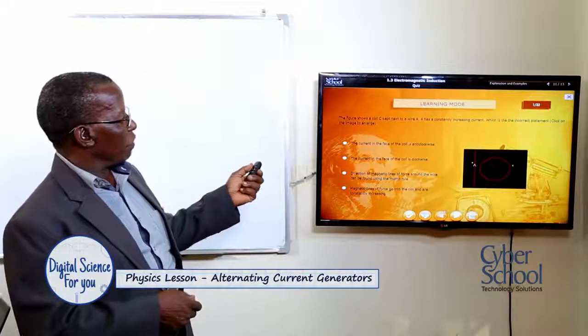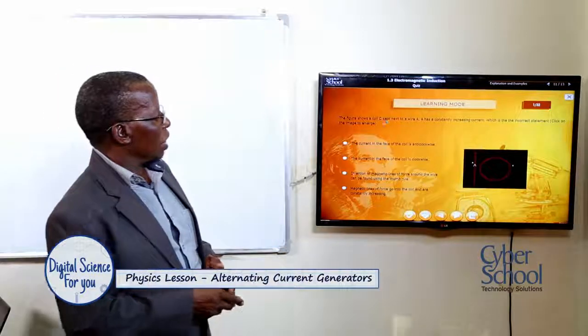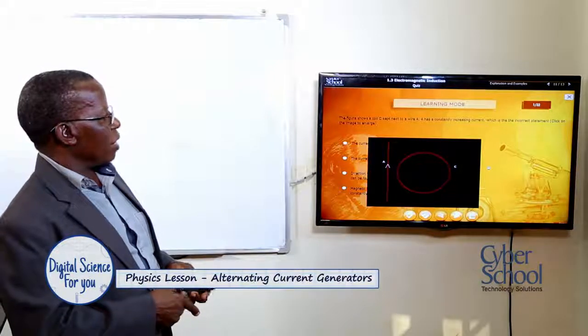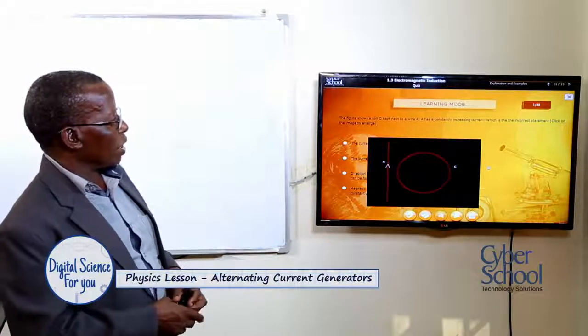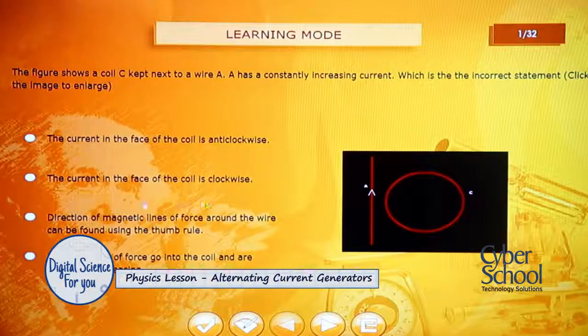For example, if you look at that question, the figure shows a coil C kept next to a wire A, and A has a constantly increasing current. Which is the correct statement? Now you can click on any of them.